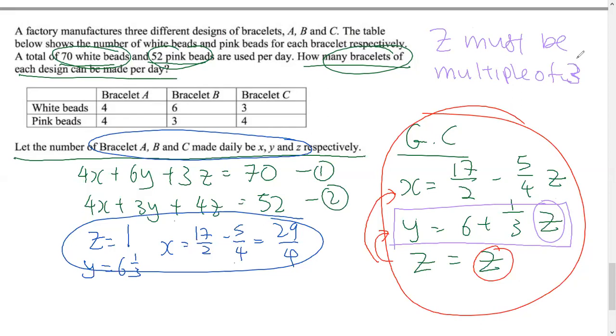So the intelligent guess will be we try to put Z as 3. But we realize that if we put Z as 3, it still doesn't work out for X. So of course we go on to the next one, which is Z as 6. If we use Z equals 6, we can complete the question by getting Y to be 8 and X to be 1.